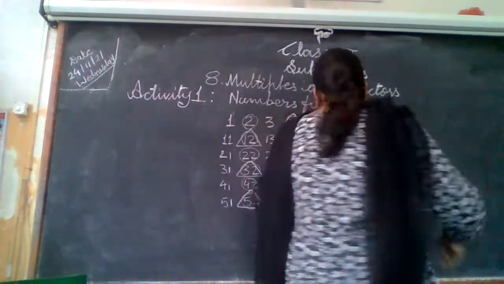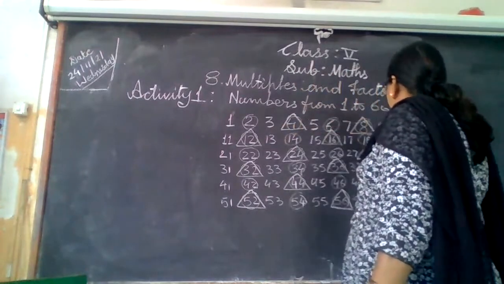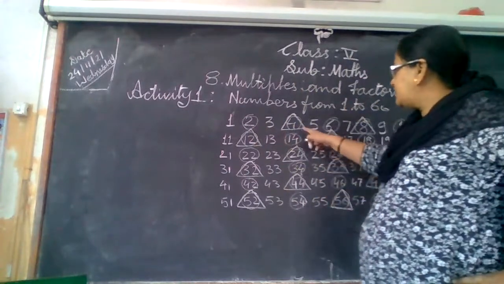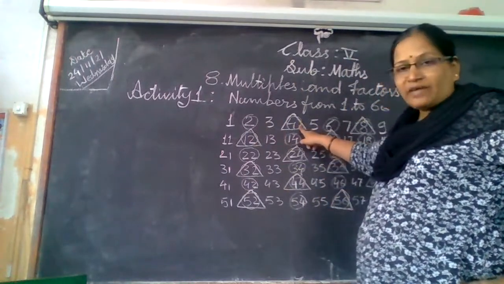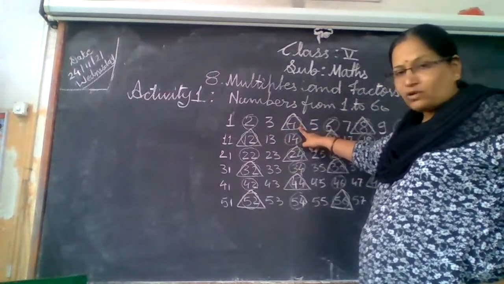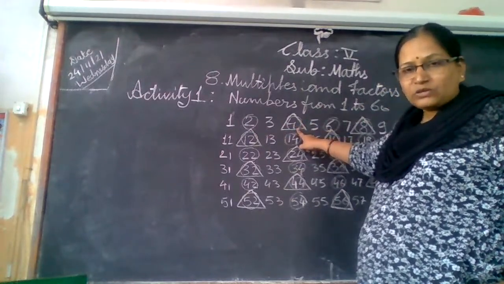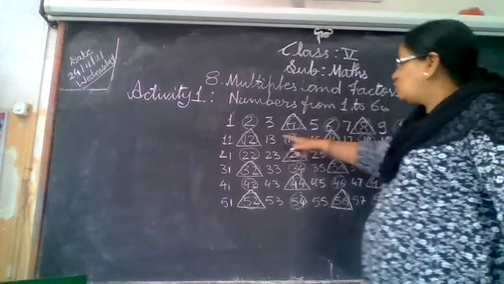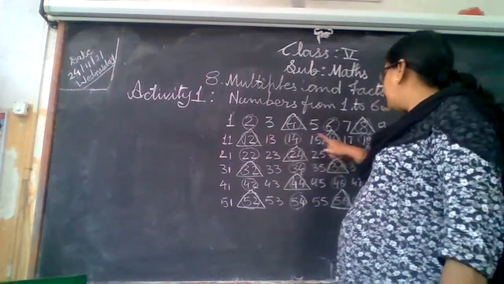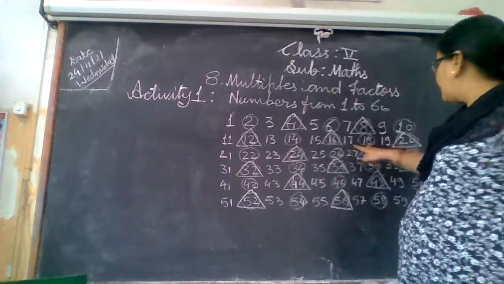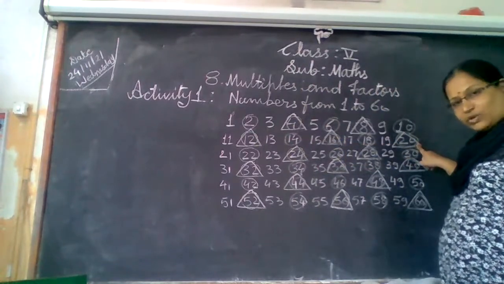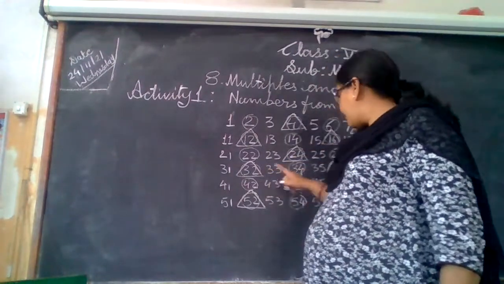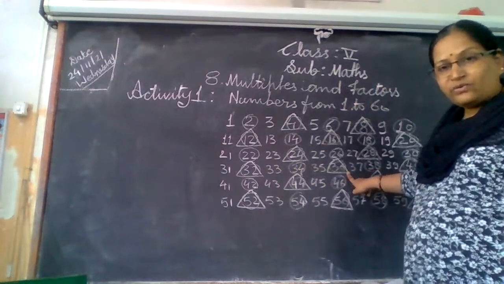Here, do all the triangle numbers also have circles? 4 has a triangle as well as a circle, so it is the multiple of 4 as well as the multiple of 2. 8, multiple of 4 and 2. 12, yes, 2 and 4. 16, yes. 20, 2 and 4. 32, 2 and 4. 36, 2 and 4.